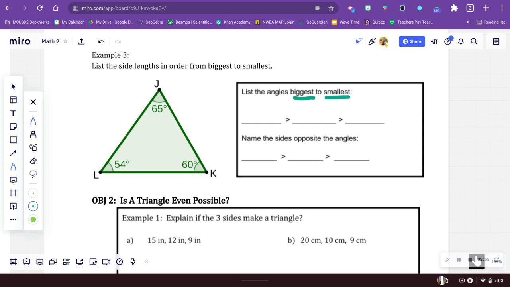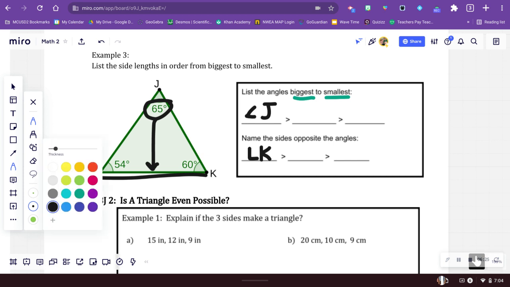The biggest one would be 65 degrees. Ooh, let's use a different color. There we go. All right, so 65 is the biggest. Go across from that angle and we hit this side LK. So LK is going to be the largest and angle J is the largest angle.